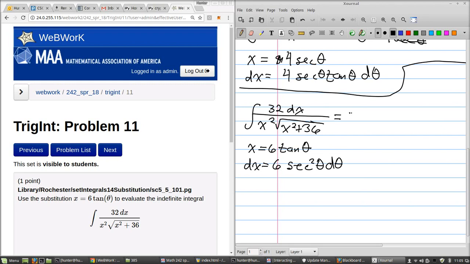So this becomes 32 times the integral. On the top you get 6 secant squared theta d theta, and the bottom becomes 6 tan squared theta for that x, and then the stuff under the radical becomes 6 times secant theta.